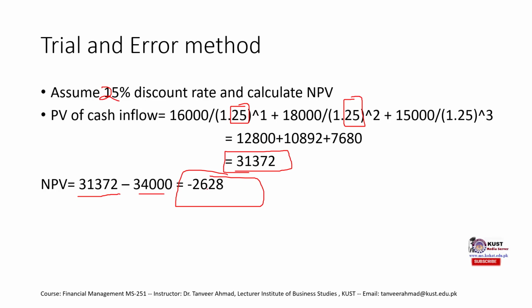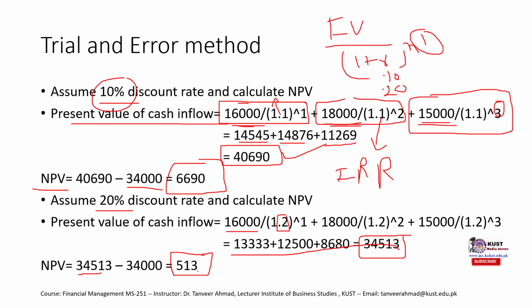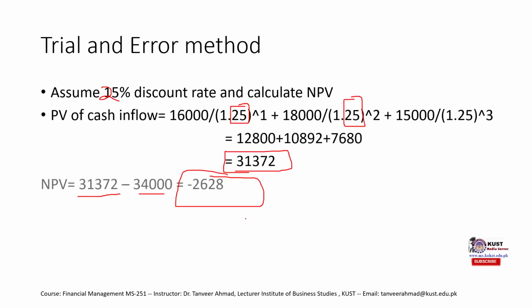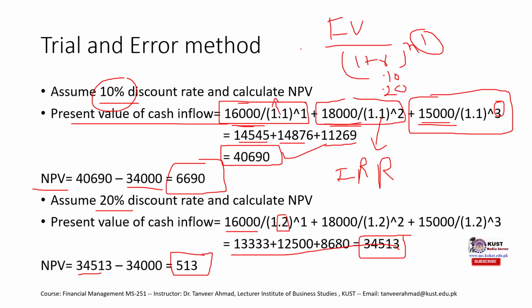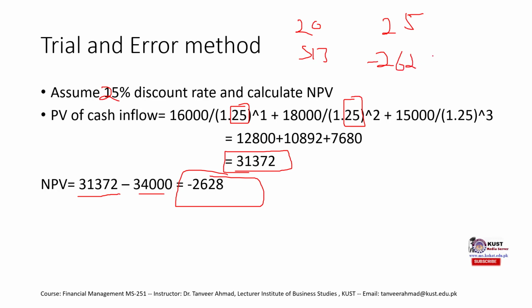At 20%, it was positive, slightly positive. At 25%, it is negative. So now we know at 20%, the value was 513. At 25%, it is minus 2628.